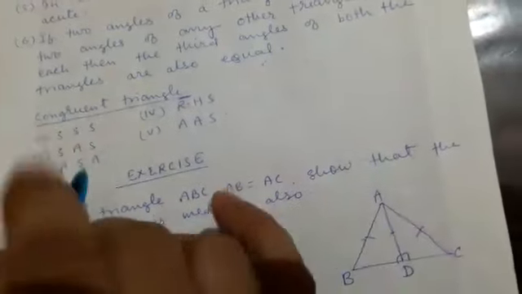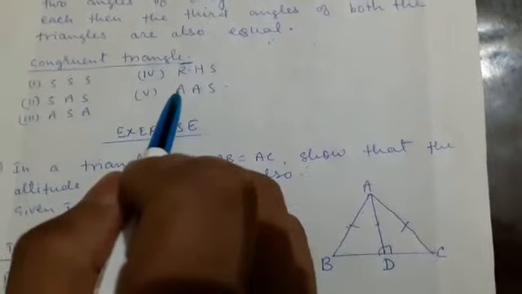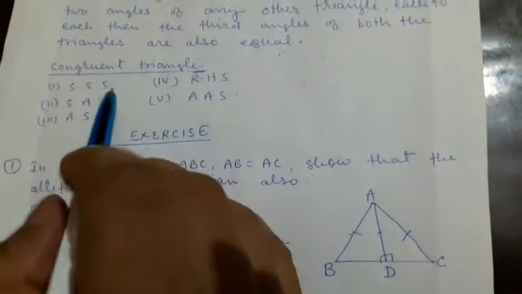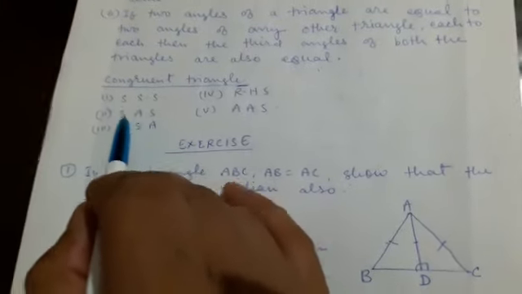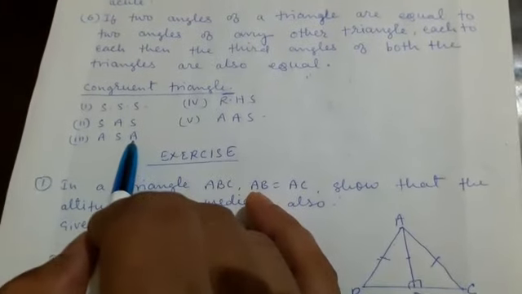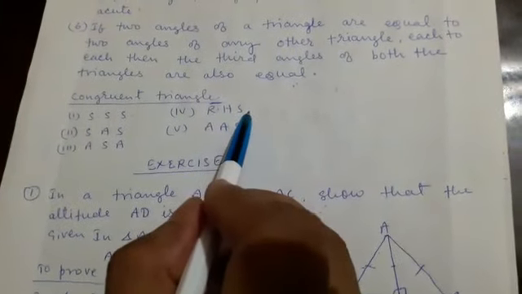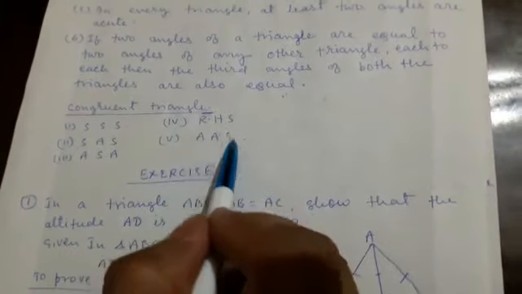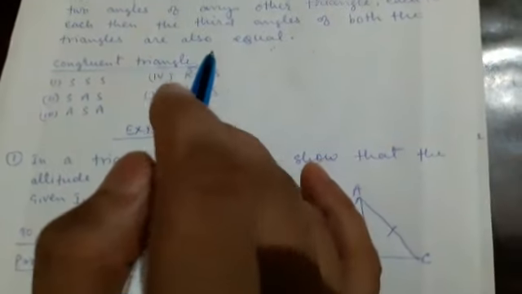That is called congruent. Now there are 5 rules for making congruent: SSS, SAS side angle side, ASA angle side angle, RHS right angle hypotenuse and side, and AAS angle angle side. These are the congruency criteria.